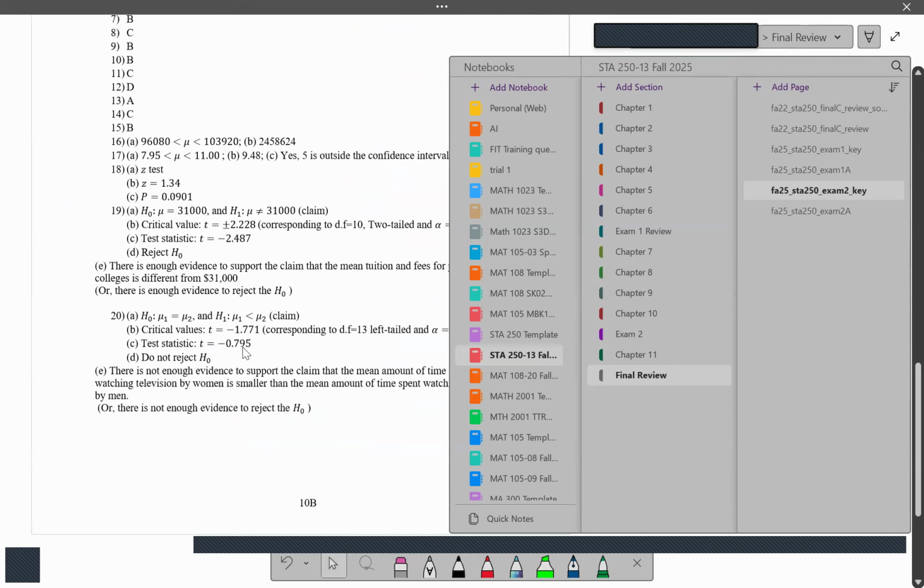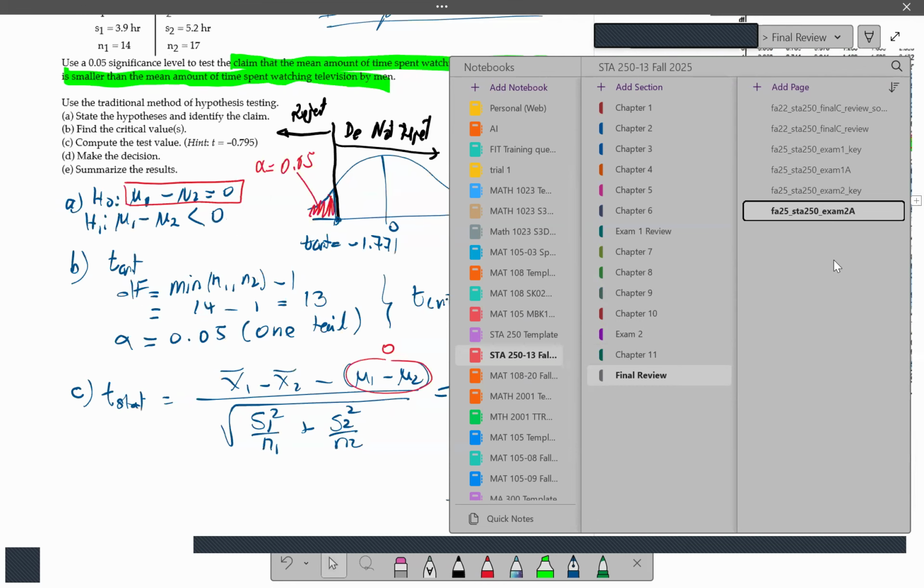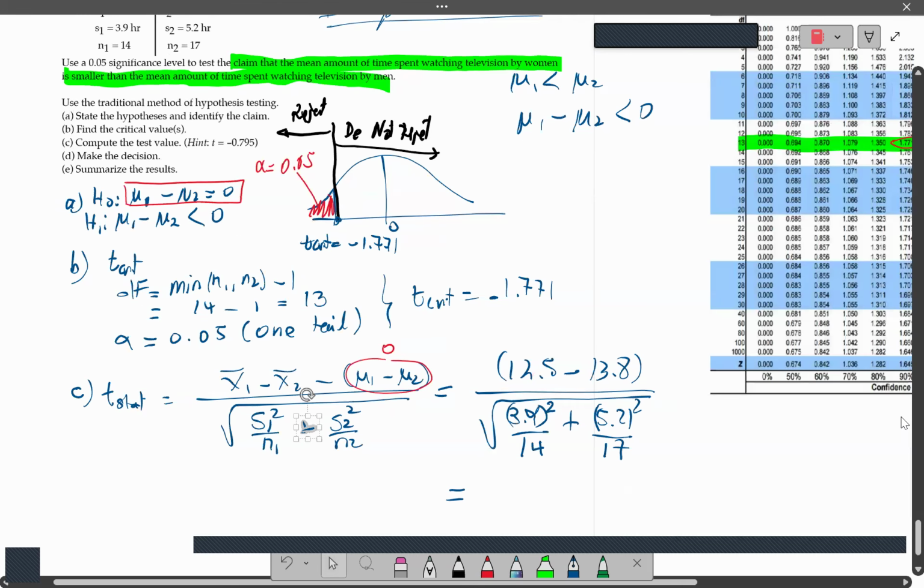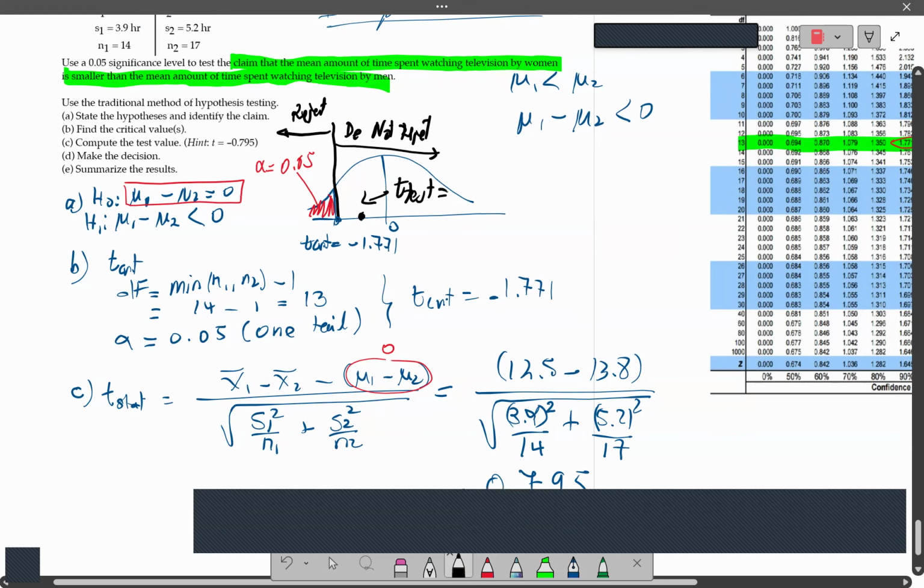It's going to be minus 0.795. Now, if I'm going to plot it, where is it going to be? It's going to be somewhere there.